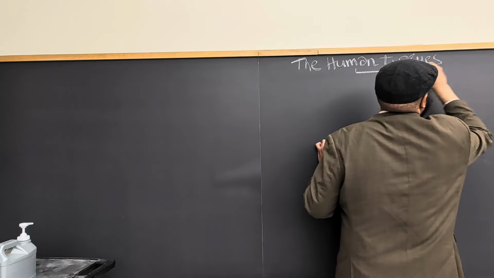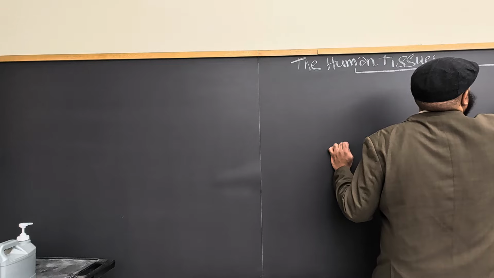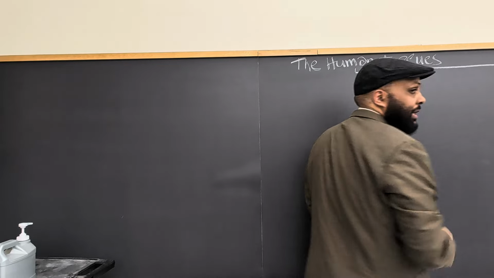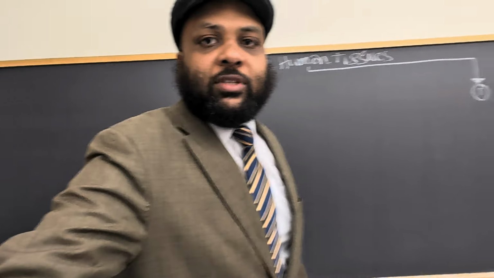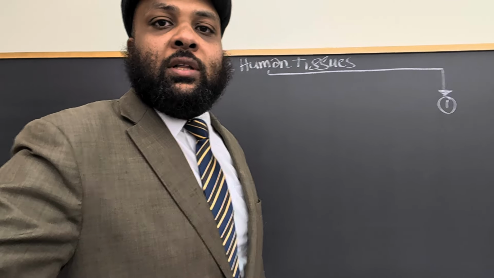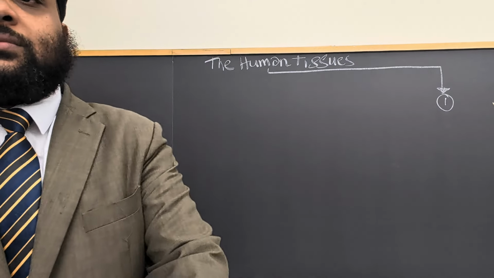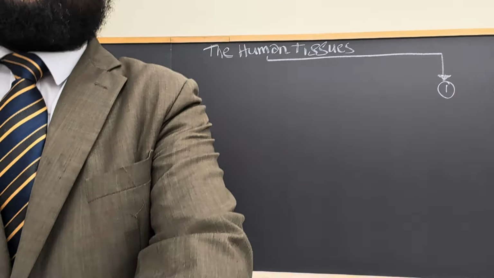Human tissues, we already discussed how many of them. What was the very first, number one, human tissue that we went over in this class? What was the very first human tissue that we discussed in this course? Who remembers?